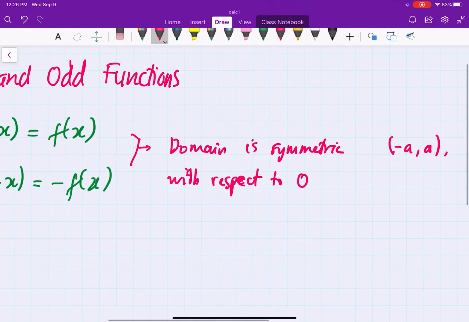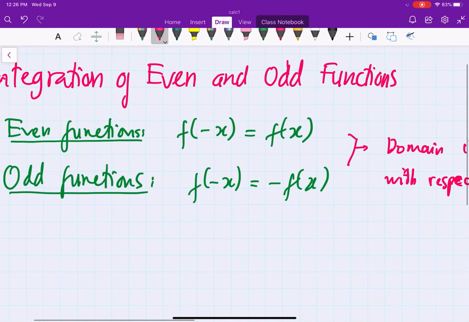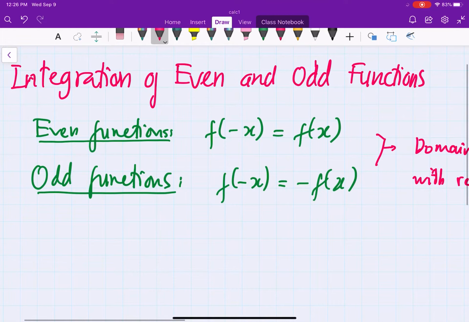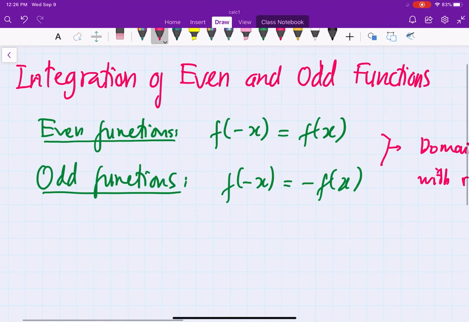All right. So if you remember, the graph of an even function is symmetric with respect to the y-axis. Why? Because you pick an x and negative x, right? You have the same y level.